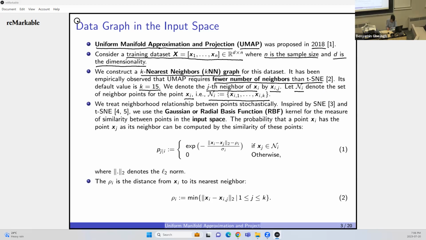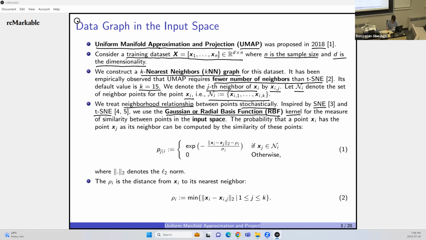Okay. And we treat the neighborhood relationship between points stochastically. In this sense, it's similar to TSNE, right? Because it treats the neighborhood relationship between the points stochastically and probabilistically. Inspired by SNE and TSNE, we use a Gaussian or radial basis function kernel. In this sense also it's similar to TSNE, but we'll see the difference.